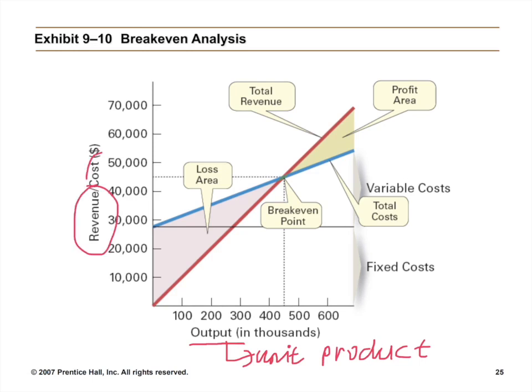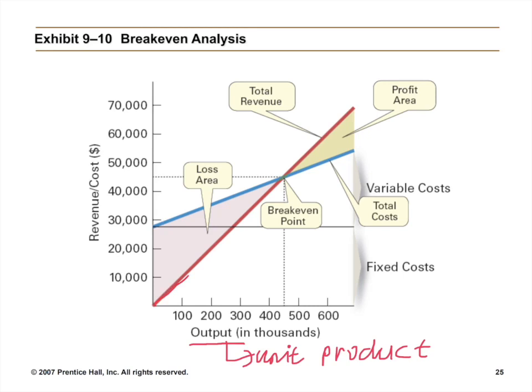And in vertical, that is the revenue or cost. In horizontal, the unit. Where is the break-even point? That is the break-even point.